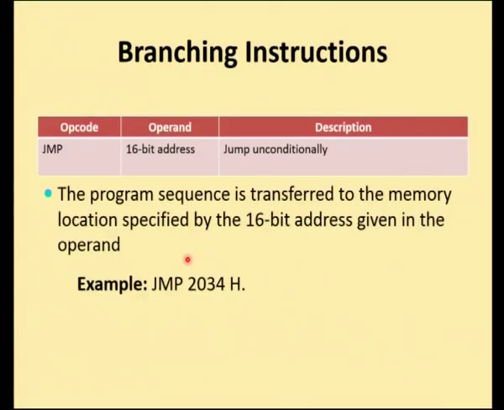So, during the branch instructions, the flow of the program counter will be varied. While starting execution, the starting address of the program is stored in the program counter. After reading a branching instruction, the current value of the program counter will be loaded into the stack pointer.